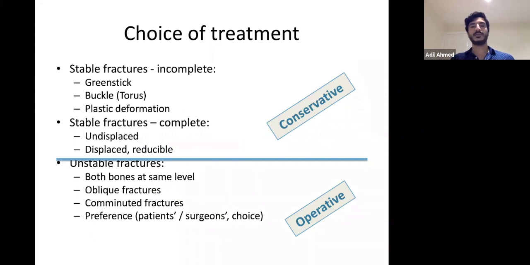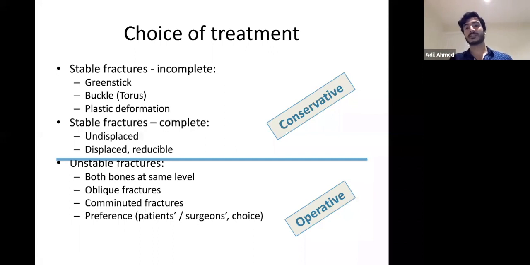So we discussed lots of different variations of fractures which may occur in children, which can be managed non-operatively. Even though I've written conservative here, we should really state non-operative and operative as a differentiator, because conservative can be misconstrued as, for example, a plaster of Paris.